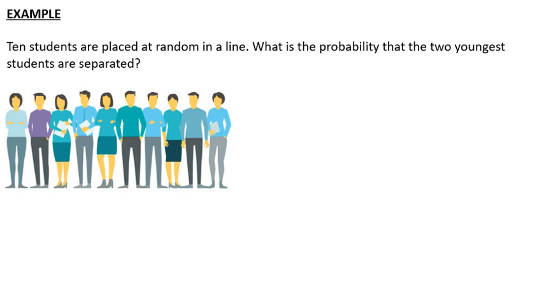All right. Again, it's a probability question. So we want to start off with NS. We want to start off with just a number of arrangements, not any special condition, not keeping the 2 youngest together, simply just the number of ways of arranging these 10 students in a line.